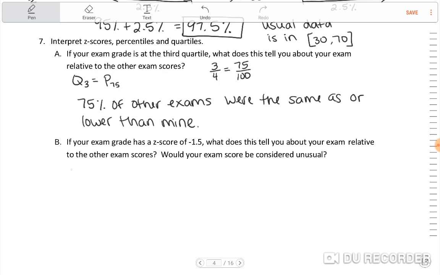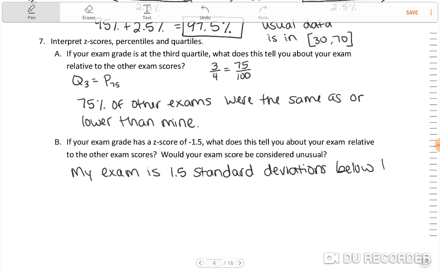So I would say my exam is 1.5 standard deviations below the mean. That's where the negative goes. Notice I put 1.5, but the negative comes into the word below. Then it says, would your exam score be considered unusual?